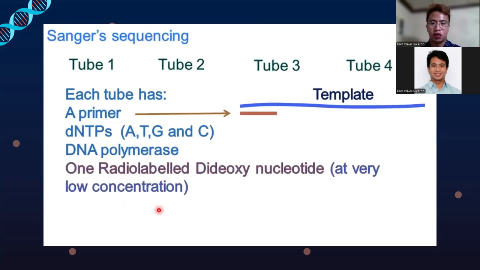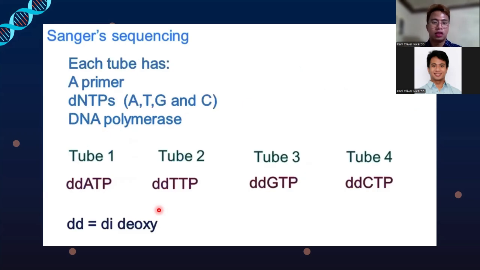Okay, so along with this, yung DNA polymerase natin po is also present. So yung reaction natin ngayon will be the mixture and has a radio-labeled dideoxynucleotide at a very low concentration. So this means that tube one will have the ddATP.